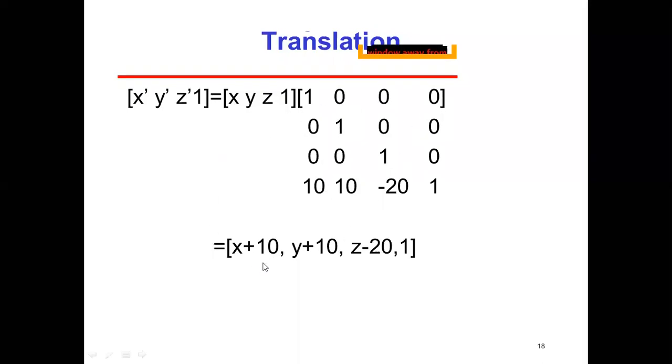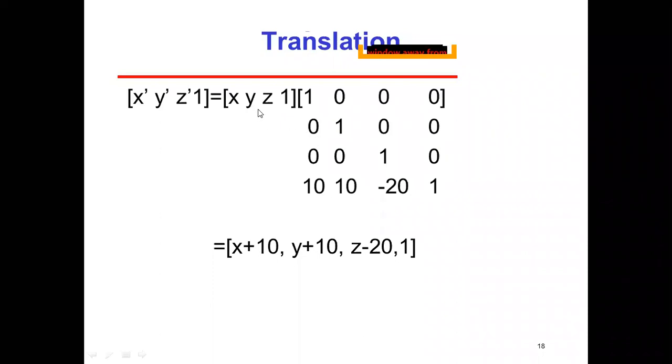So it will come x plus 10. This is the very shortcut method. If you do it the long way, it will take at least 30 to 40 minutes to solve this question. Otherwise, if you apply some technique, then you can easily solve it. First write the matrix formula, then put in the values of Tx, Ty, Tz, which are already provided in the problem.